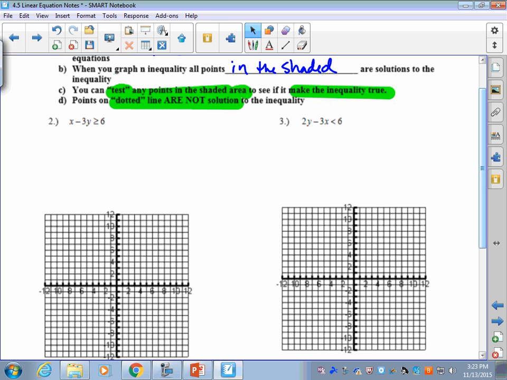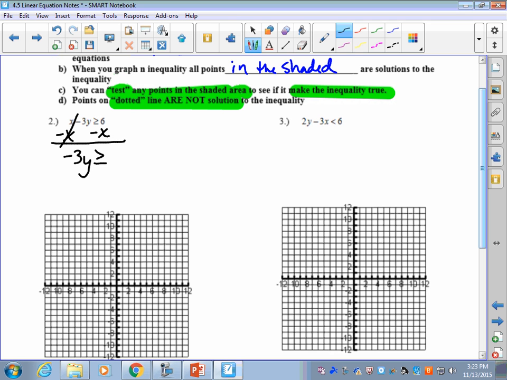All right, so let's make sure we can graph correctly. On number 2, how are we going to graph x minus 3y is greater than or equal to 6? We're left with negative 3y is greater than or equal to negative x plus 6. Divide by negative 3.